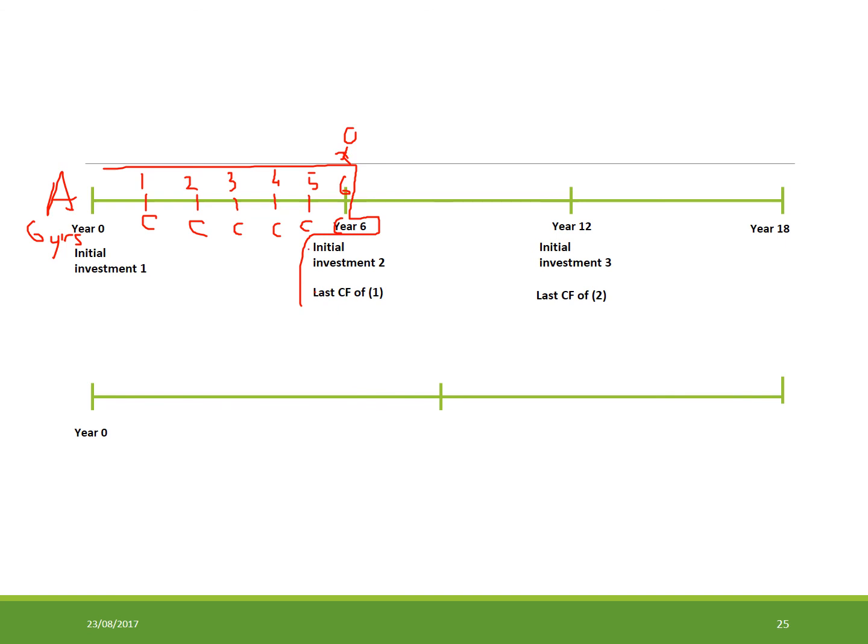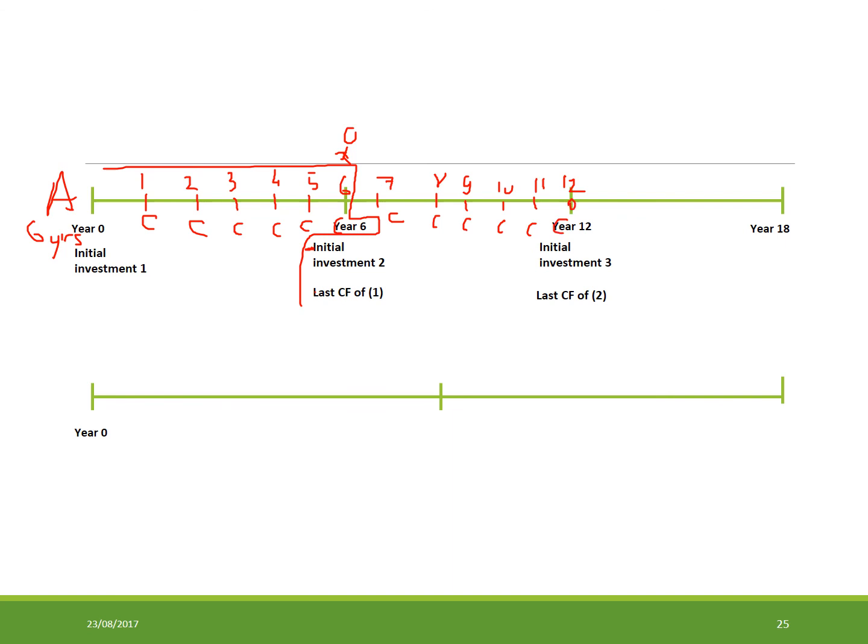So we once again spend money here. And then for every year onwards, from year 7 to year 12, we get C, right? So identical cash flows as before.